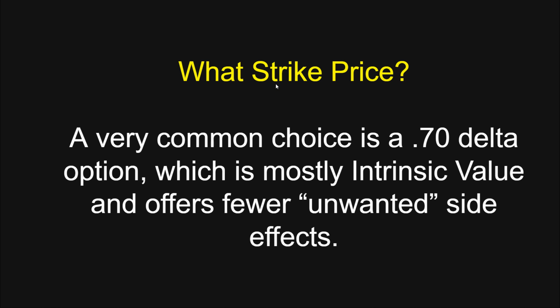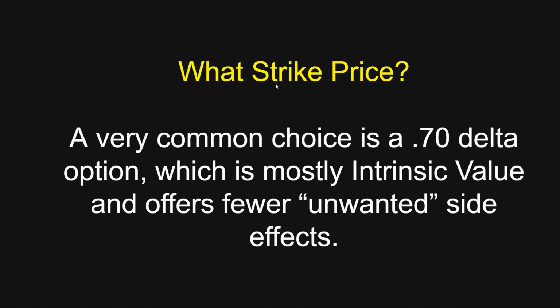What many people do is actually go in the money somewhat. And a compromise is a 70 delta option. So you'll see on the option chain, if they do show delta, they'll show somewhere around a 0.7, which is in the money. And it's mostly intrinsic value. There's a little bit of time value with it, but very little.